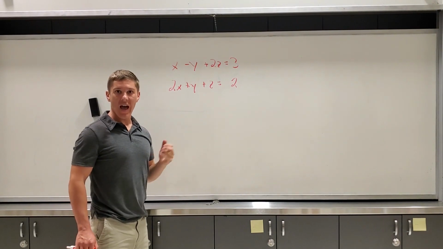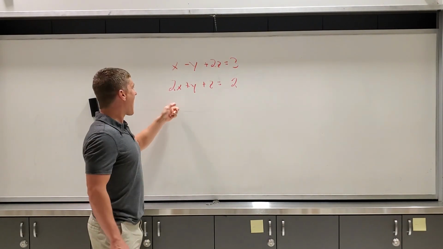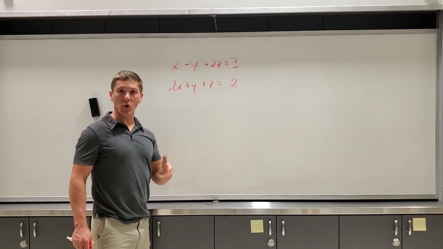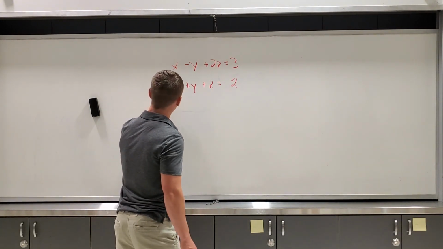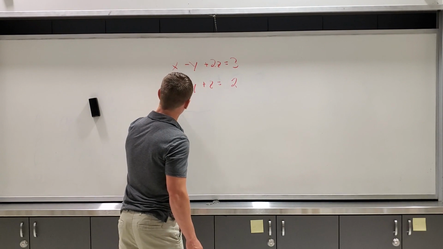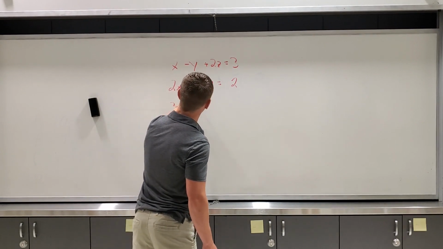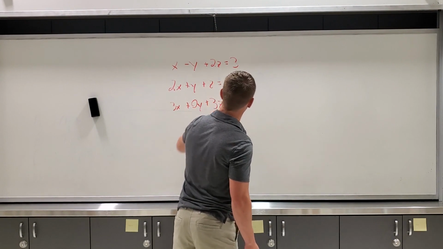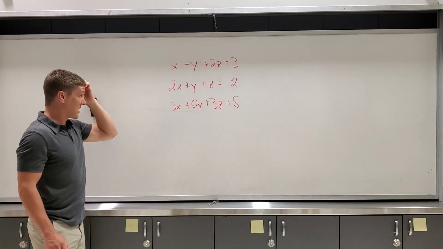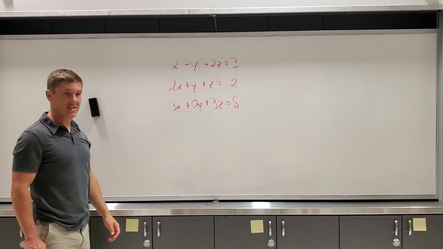so once again, these two equations have an infinite number of solutions. Let's say I create a third equation, and my third equation is going to be 3x plus 0y plus 3z is equal to 5.